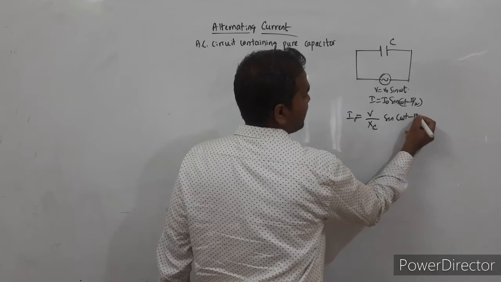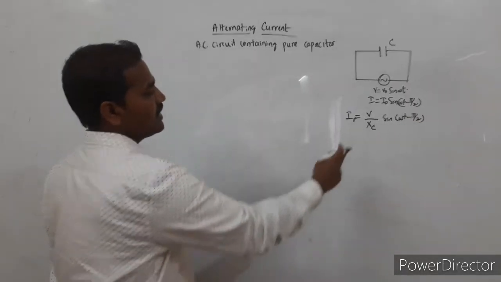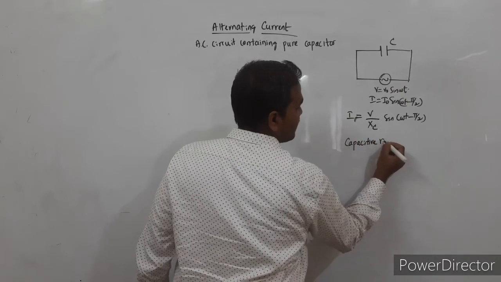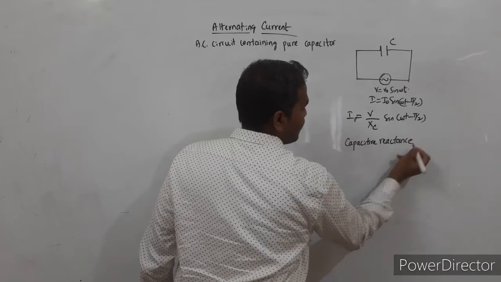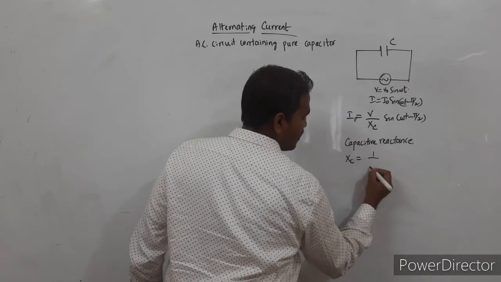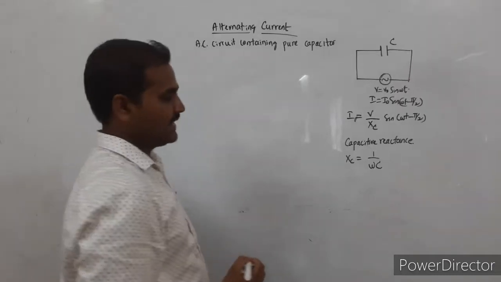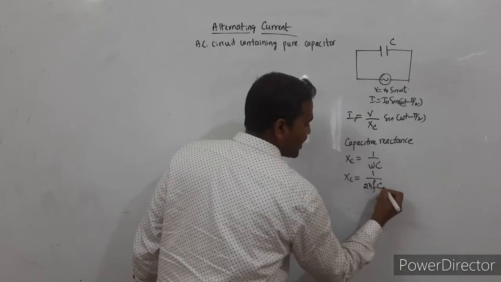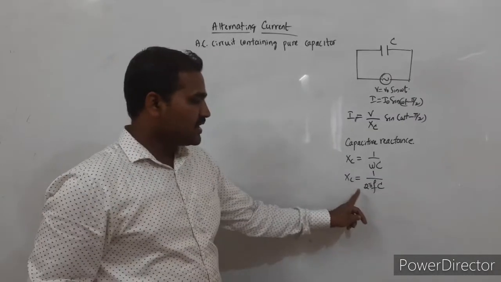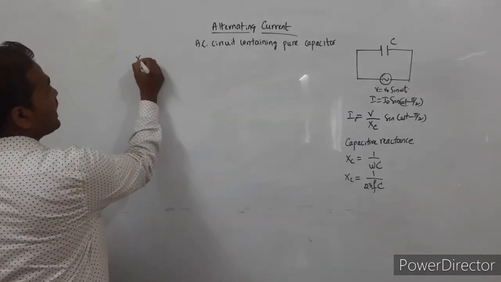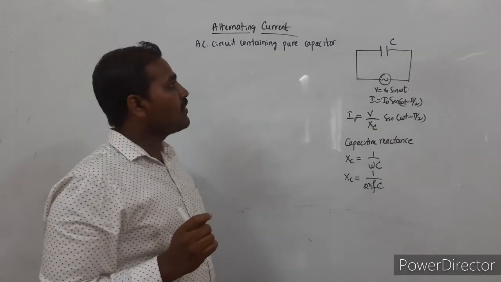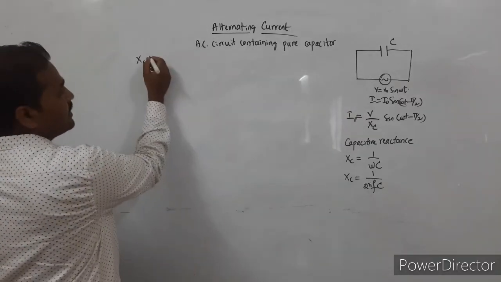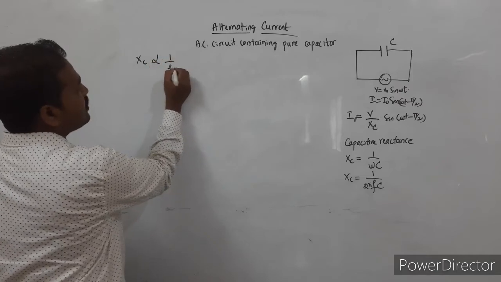Here XC we have named the capacitive reactance, which is given by XC is equal to 1 divided by omega C. The same thing I can write as XC is equal to 1 divided by 2 pi f C. From this it is clearly observed that the capacitive reactance, which is the resistance offered by the capacitor for the flow of AC through it, XC is inversely proportional to f.